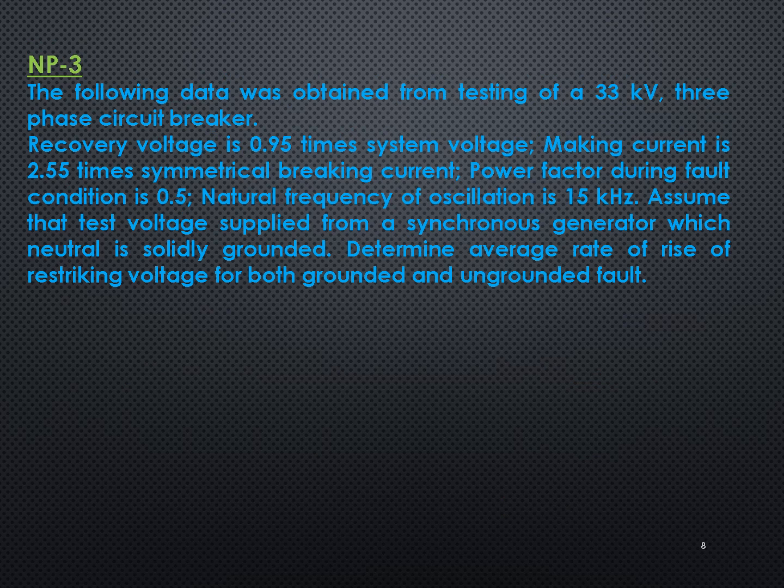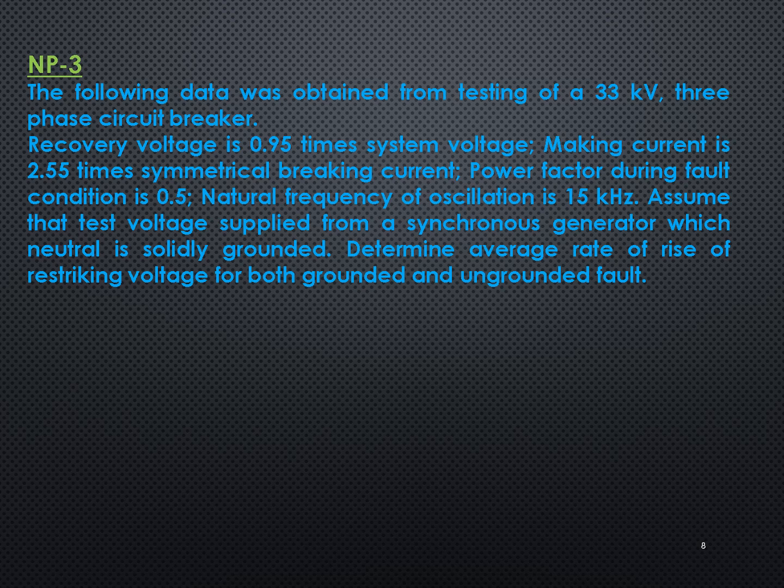Now again we will discuss another numerical problem. The statement is: the following data was obtained from testing of a 33 kV three-phase circuit breaker. Recovery voltage is 0.95 times the system voltage. Making current is 2.55 times the symmetrical breaking current.